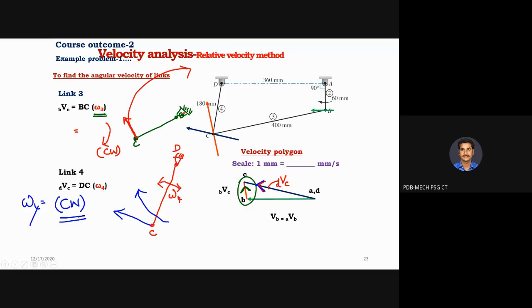Since we are taking this from the virtual mode, it is not possible to show how to use the roller scales for the mini drafter. I cannot show it, but let me upload that video. Go through that video and then start solving a problem, so that you are able to find out the values for the velocities of required points.